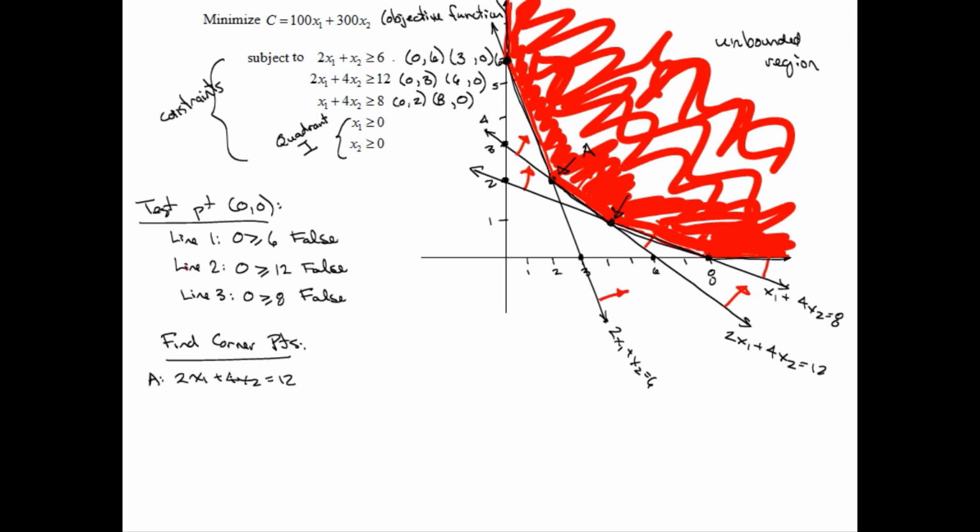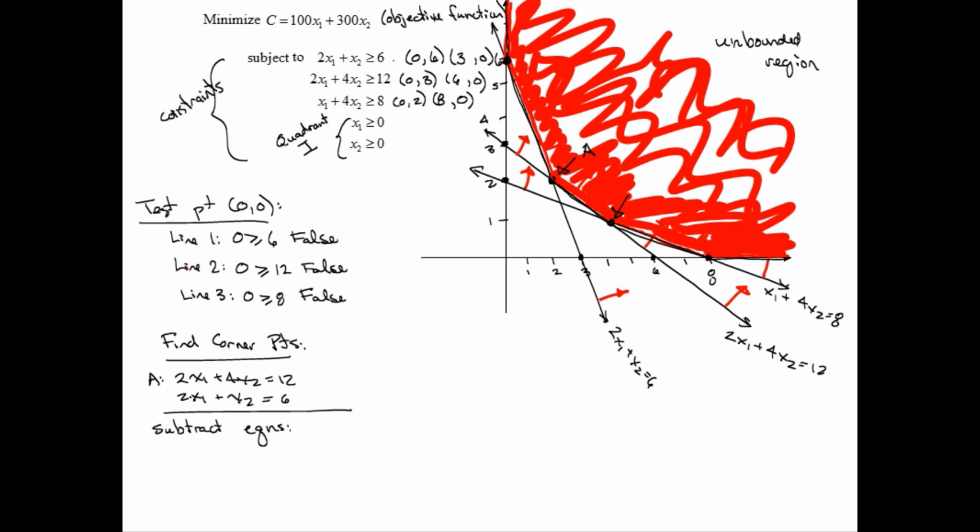That's one of the lines that goes through A. What else goes through point A? This one. 2x1 plus x2 equals 6. So you can do substitution or elimination on these. I'm actually going to notice that my coefficient for x1 is the same for both of them, so I'm going to go ahead and subtract these two equations.